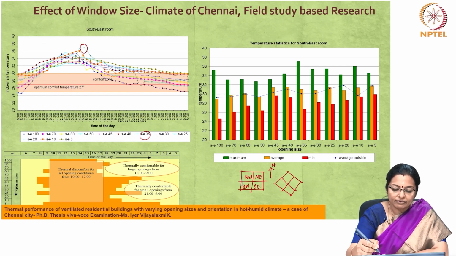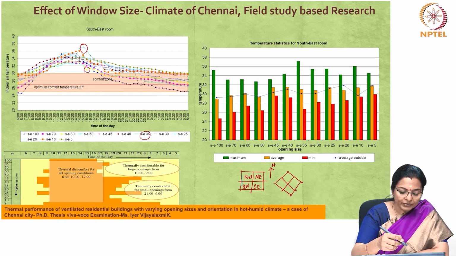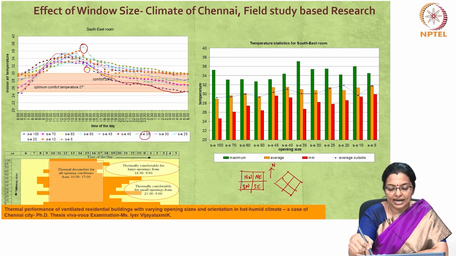So, in this graph, you can see for the southeast room what happens for all the varying opening sizes. 35 degrees seems to be peaking, and then you also have opening sizes which is about 60 degrees, which is low, and then the 100-degree gets lower and then slowly increases and so on.